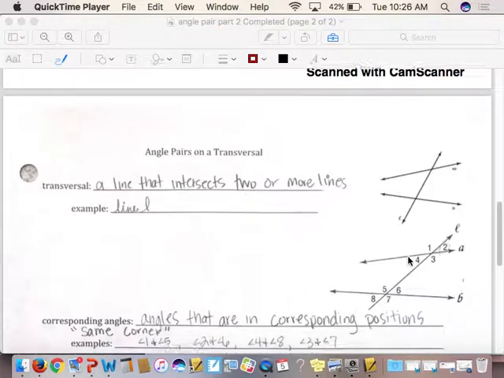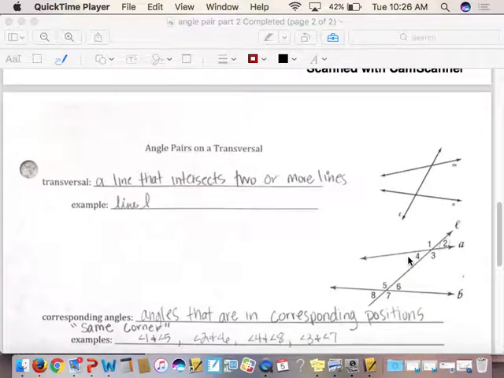So we have 2 angle relationships that we've already established. That's vertical angles, opposite V's, and 2 angles on a line are a linear pair. We're going to add 4 more official angle pair names today. The first one is corresponding angles.